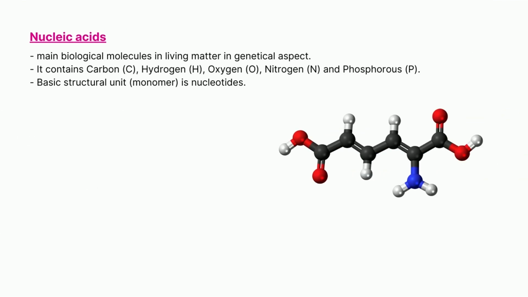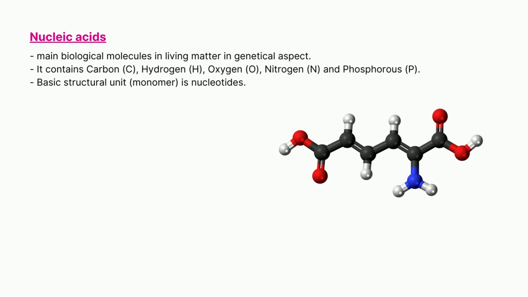Okay students, now let's see what are nucleic acids. Nucleic acids are the molecules which carry the genetic information or characteristics. They contain carbon, hydrogen, oxygen, nitrogen, and phosphorus elements.